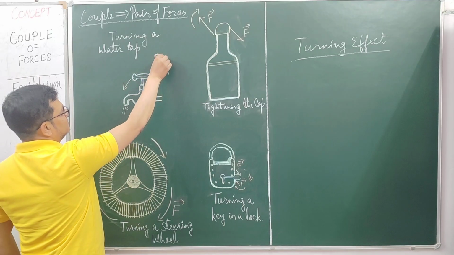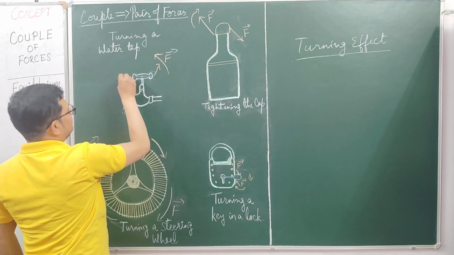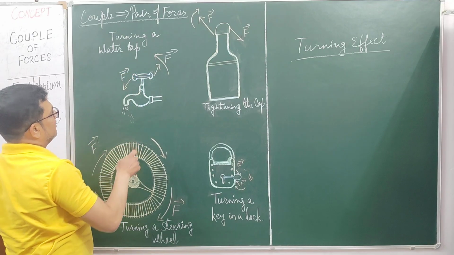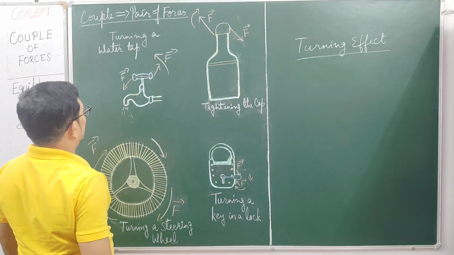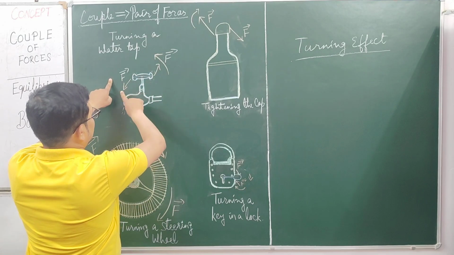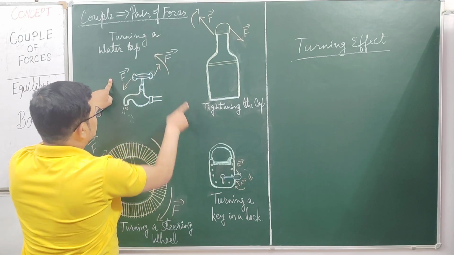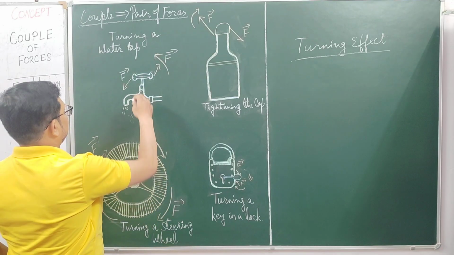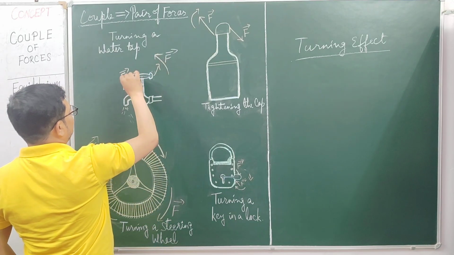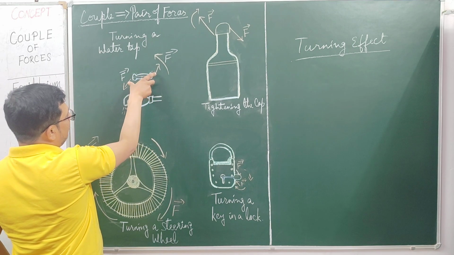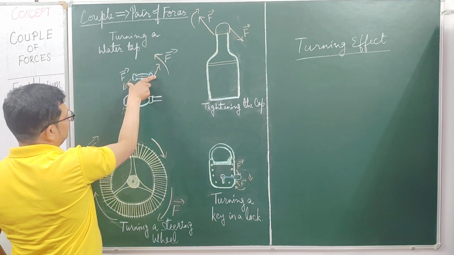One force is in this direction and another in this direction. The magnitude of the force is the same, but the directions are opposite. We need to ensure that these two forces do not act along the same line. The lines of the forces are different, but they are equal in magnitude and opposite in direction.